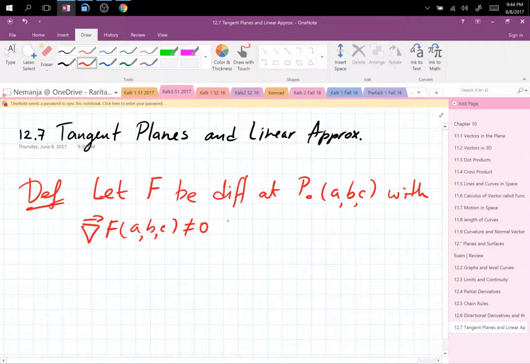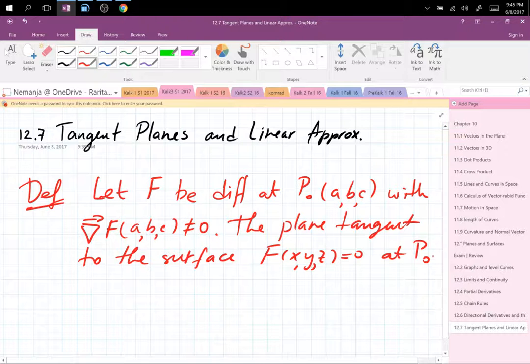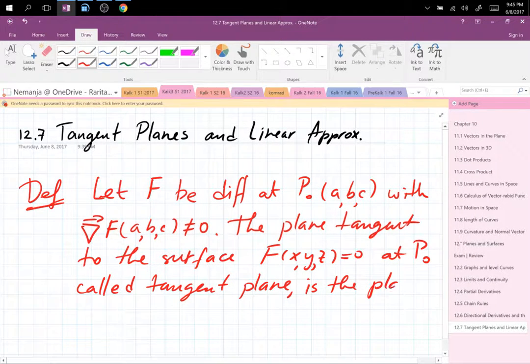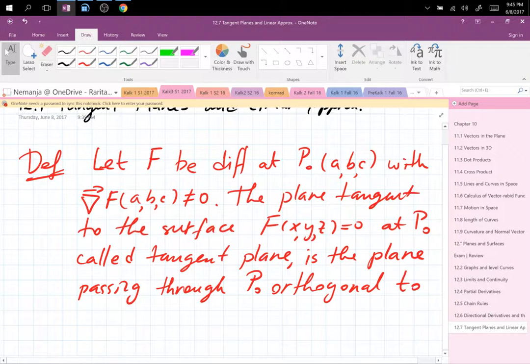The plane tangent to the surface f(x,y,z) equals 0 at p0, called the tangent plane, is the plane passing through p0 orthogonal to del f at A, B, C, which is again p0.